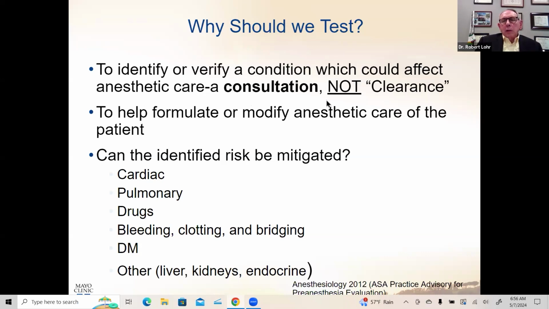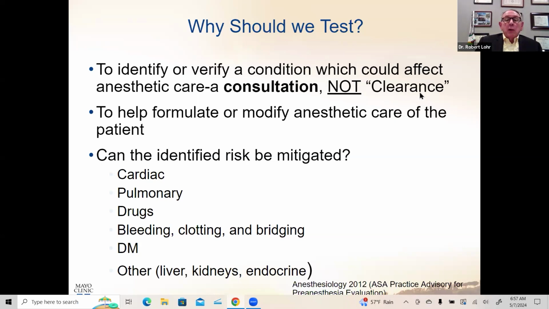You are not clearing the patient for surgery, even though almost all the time the request is, please clear Mr. Jones for whatever's coming up. The only person that really decides whether or not to put the patient to sleep and do the procedure, or use the spinal or whatever they're going to do, is the anesthesia team. So your job is not to clear them.